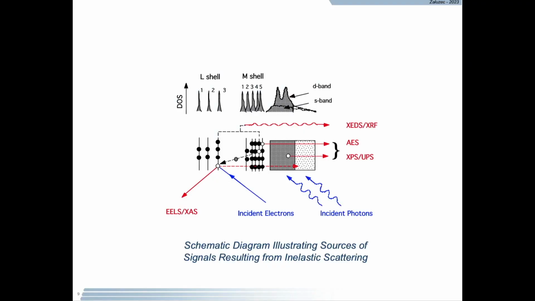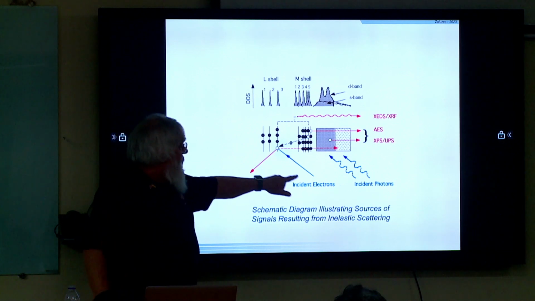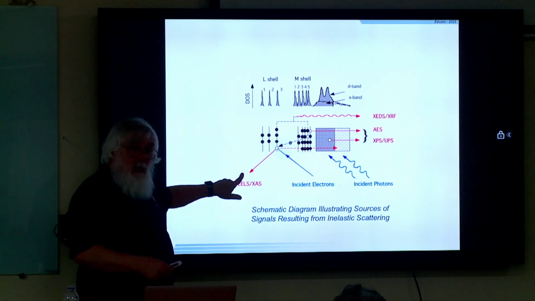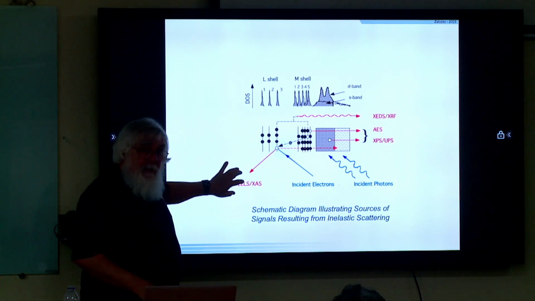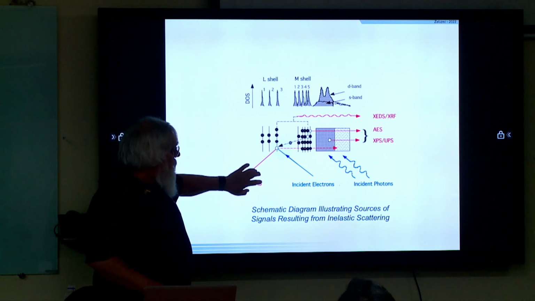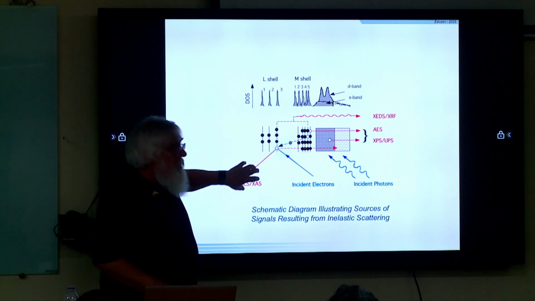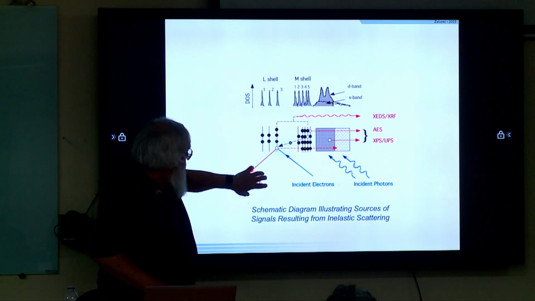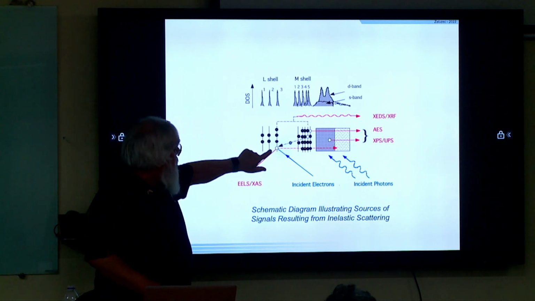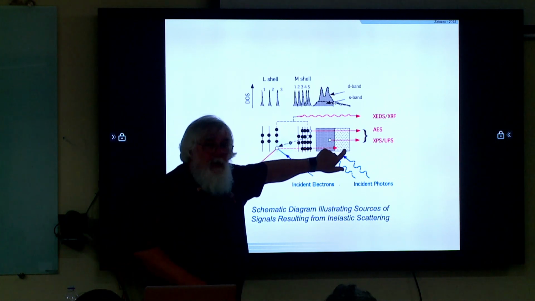Okay? Where does the information come from? If we've had our incident electron come in, and we've knocked out an inner shell electron, and that primary electron now has lost some energy, we can measure that. But what's happened is the primary electron's lost energy because it's knocked the electron up from an inner shell.